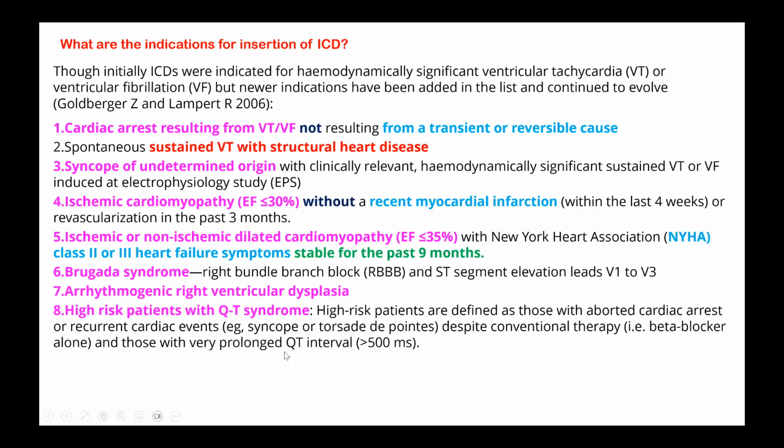So these are all the things which may be subtly present in the ECG, which are missed, and are the reasons for sudden death after surgery in a young patient. This is one of the things which is being missed in the preoperative assessment. So you have to be careful with these two, number 6 and number 8, in ECG. You don't take everything for granted that because the patient is young, nothing can go wrong. Right? So then hypertrophic obstructive cardiomyopathy is another condition for implanting ICD.